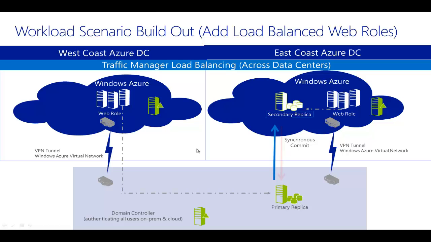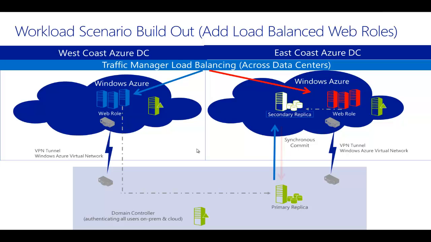Now that we've discussed all that, let's go ahead and talk about Traffic Manager. So in the environment, we basically have two different regions with two different web roles, one in each region.